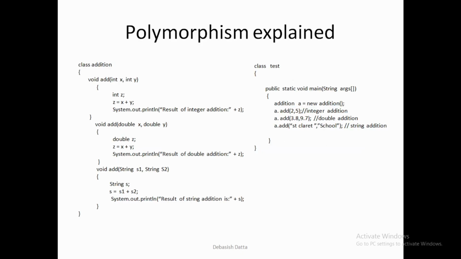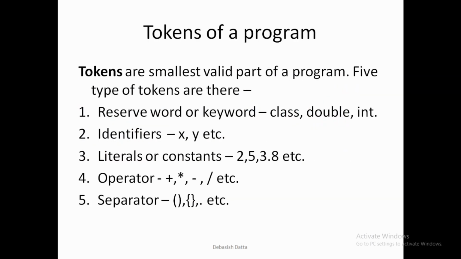If I go through the previous example, you can see I have used this separator here. I have used this separator, the first bracket, here. So a Java program basically consists of tokens, which are the smallest valid parts of a program.